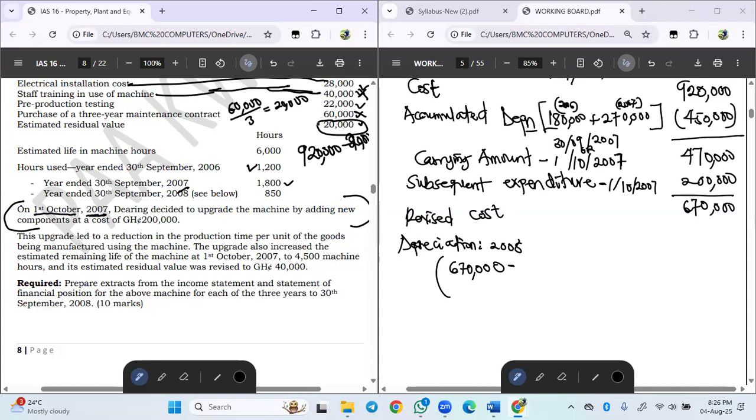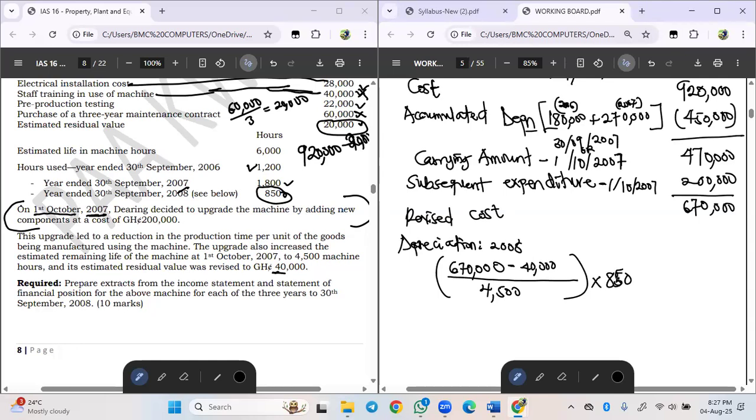So this 20,000 was revised to 40,000. So the residual value will now be 40,000, divided by the number of hours we have as at that date. We are saying that after the upgrade, the estimated remaining life of the machine was 4,500 hours, multiplied by the one here, 850.